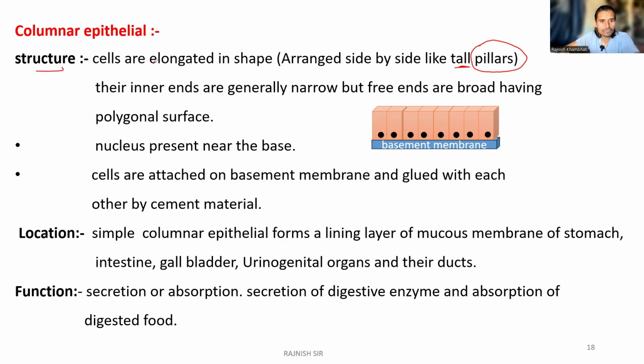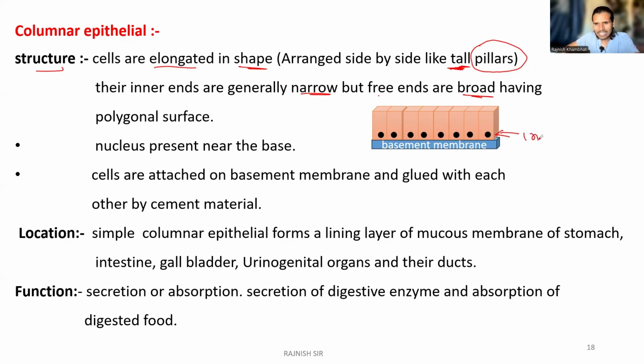Structure: cells are elongated in shape. How elongated? Pillar-like, tall in size and shape. Their inner ends are generally narrow, but free ends are broad. Inner end means the end near the basement membrane.